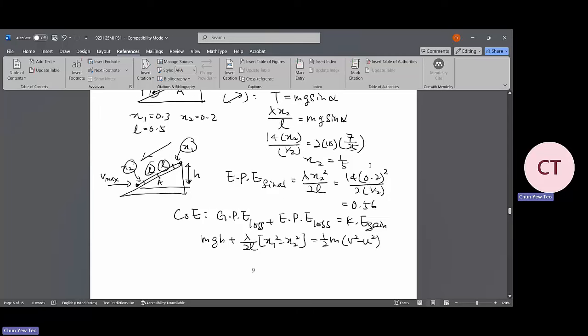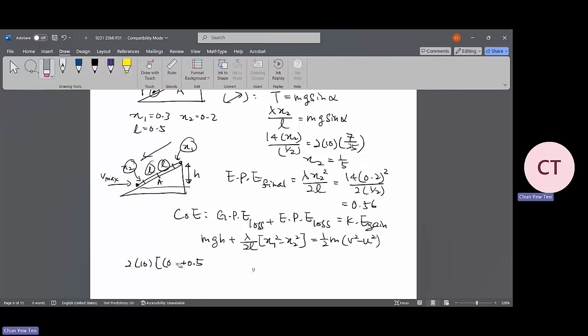Then sine alpha. So m is 2, g is 10, h is 0.3 plus 0.5. I don't need to be so troublesome. We just write 0.8 plus 0.5 plus 0.2, sine alpha.